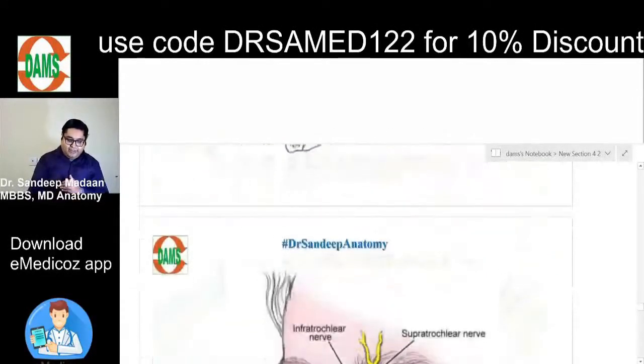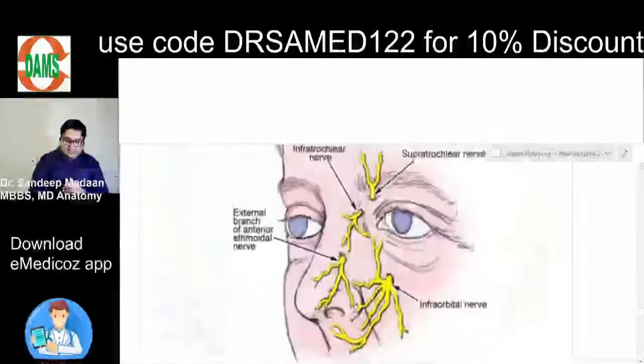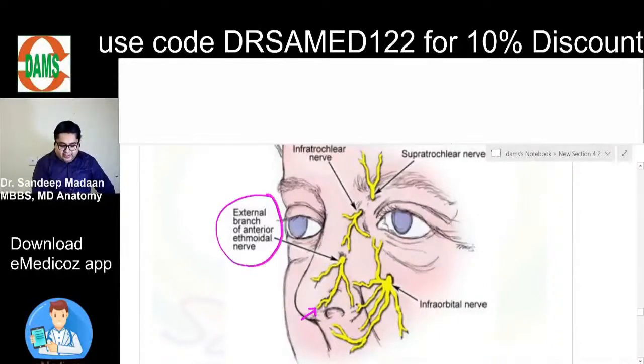Let me show you. The lateral branch here is eventually coming out, and it is coming on the surface of the nose, and this is called the external nasal nerve, which is going to supply the tip of the nose. Now you see, if I take you a few moments back, I told you this is the distribution area of the maxillary nerve: lower lid, nose, and the lip. So we have this understanding, this is the area of the maxillary nerve.